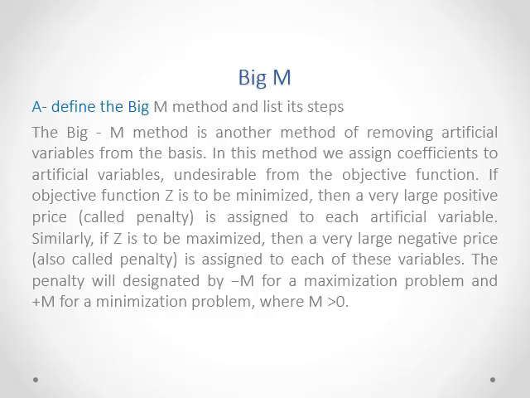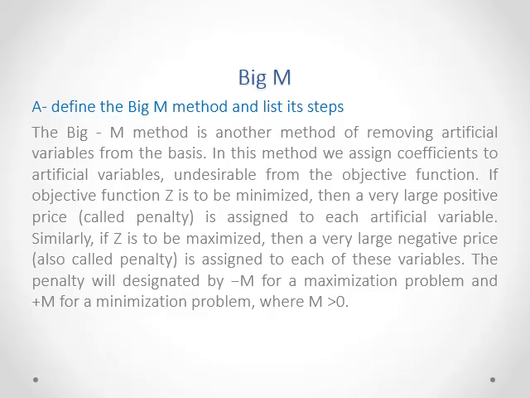The Big M method is another method of removing artificial variables from the basis. In this method, we assign coefficients to artificial variables in the objective function.